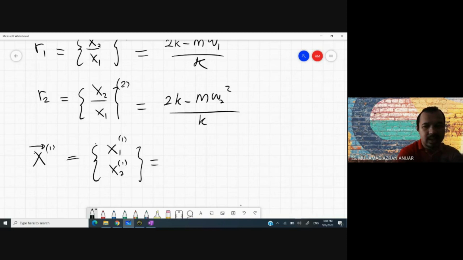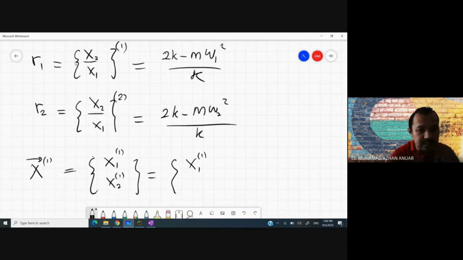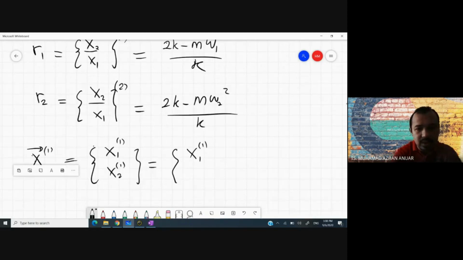From R1, we can bring x1 to the other side, so x2 is equal to R1 x1.